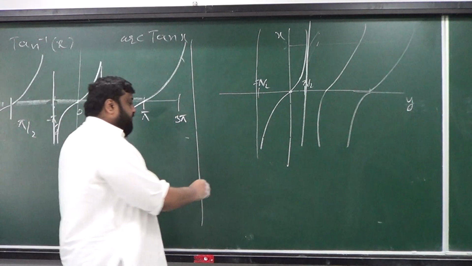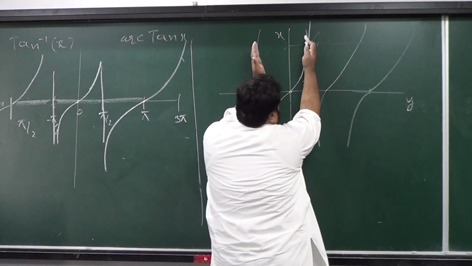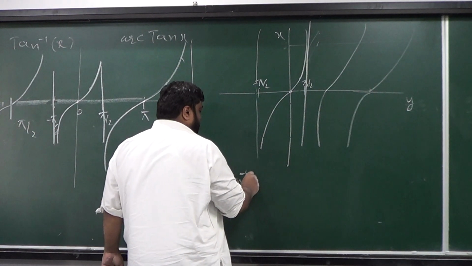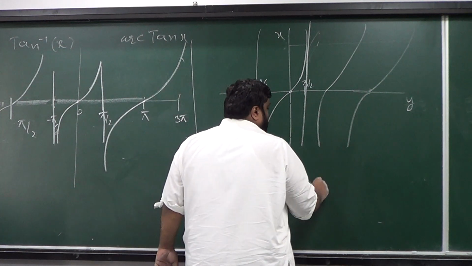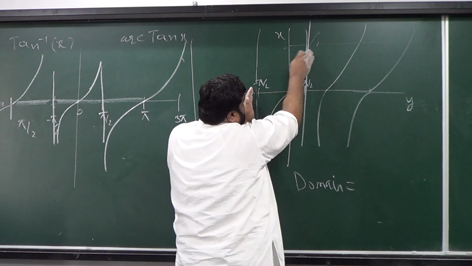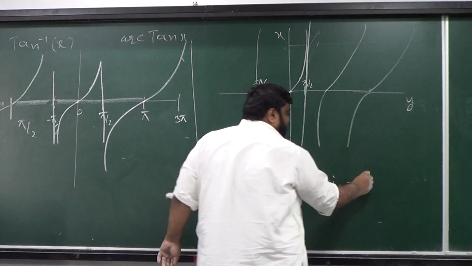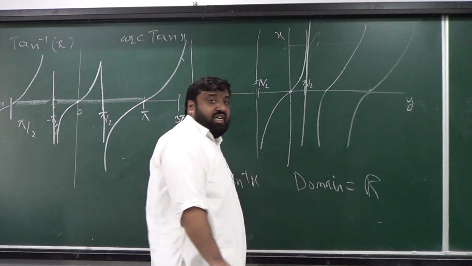So say, for example, if you want to consider only this picture, then what is the domain of tangent inverse of x? Interestingly, its domain is the entire line. For each x you have a value, so the domain is the entire real line.